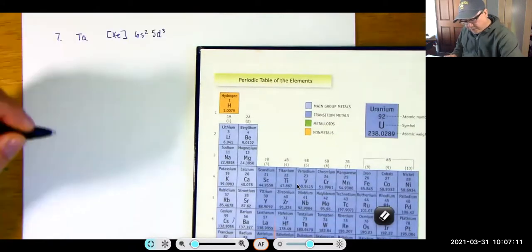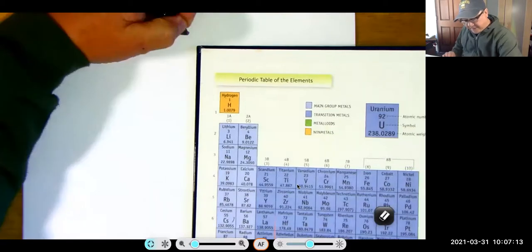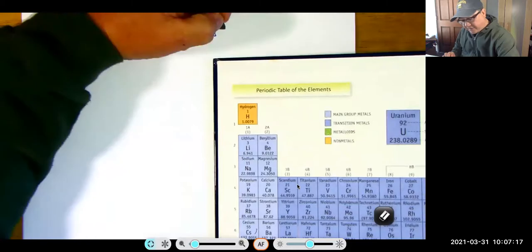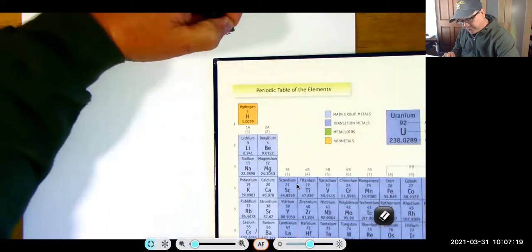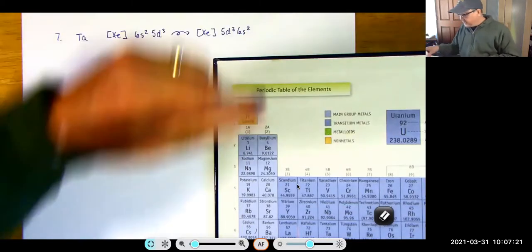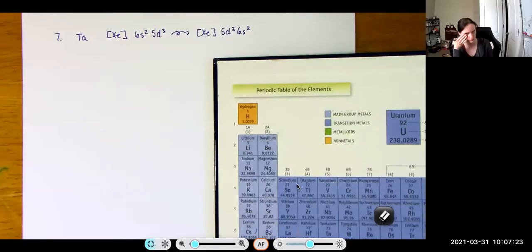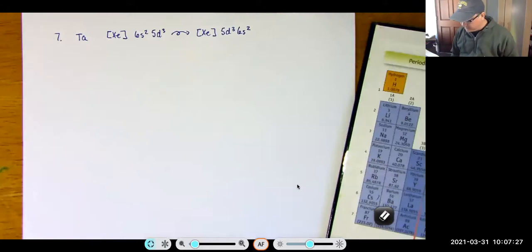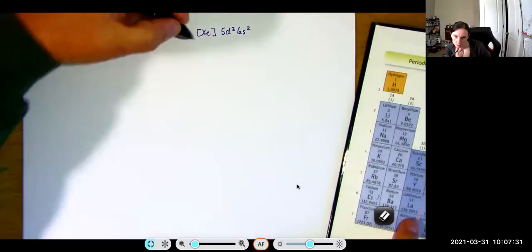And then you have to rearrange it, and you get xenon, 5d3, 6s2. What about 4s? Oh, I'm sorry, 4s. Yeah, I skipped that.